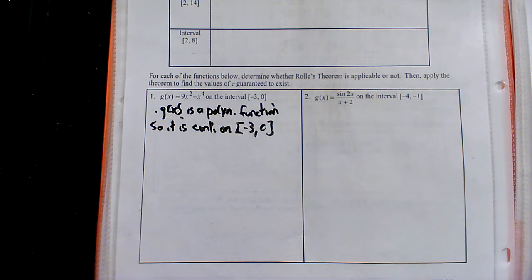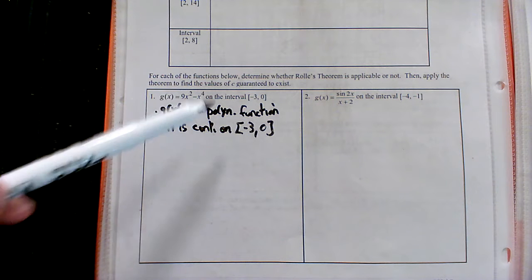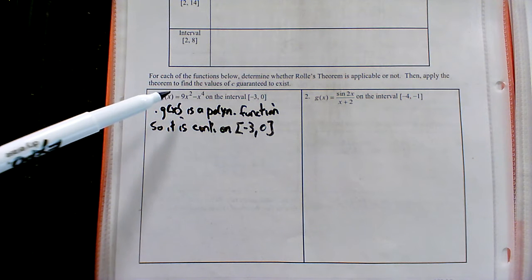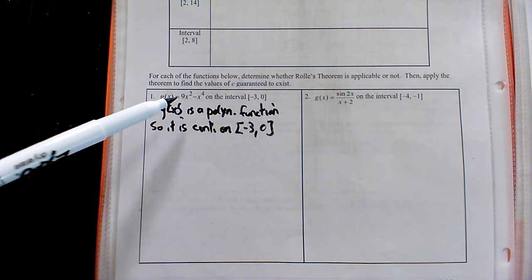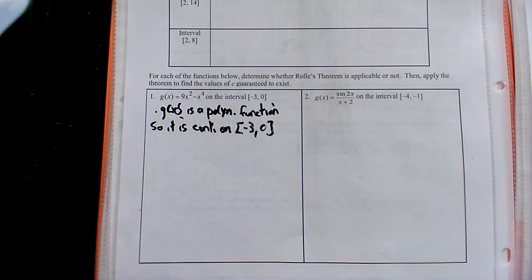Is it differentiable? If we take the derivative, can we evaluate it at every value from -3 to 0, or are we going to run into any trouble? Eventually we're going to have to take the derivative, but if you take the derivative, can you plug any value into it from -3 to 0?